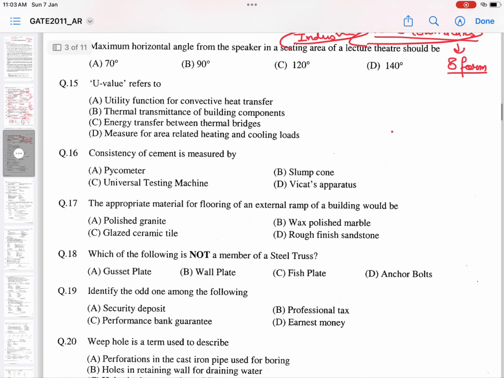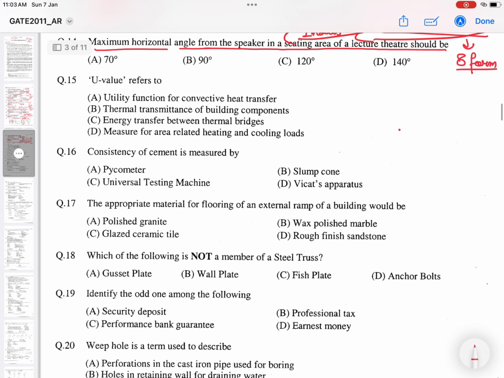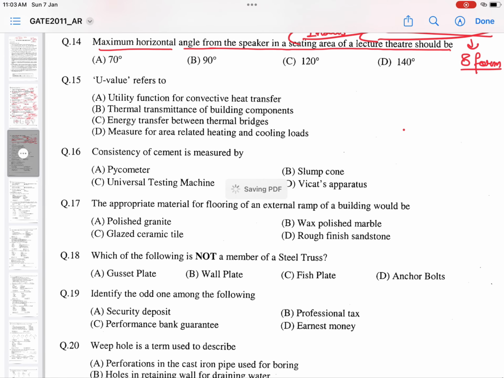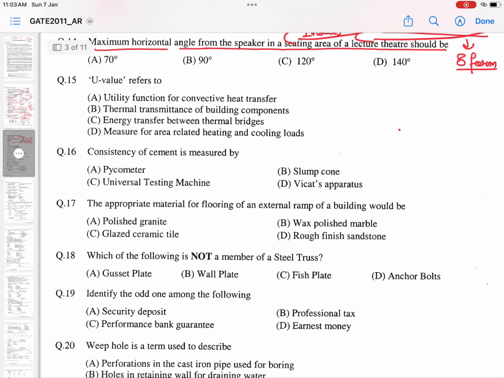Coming on to the question number 14. Maximum horizontal angle from a speaker of a sitting area of a lecture hall theater should be. So it should be 140.